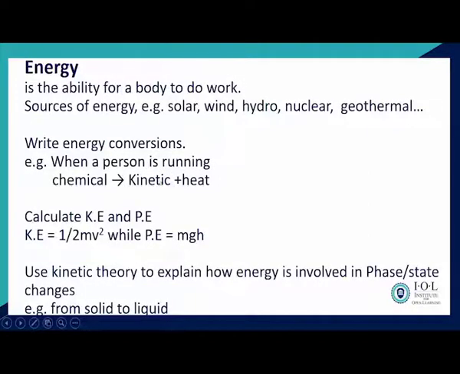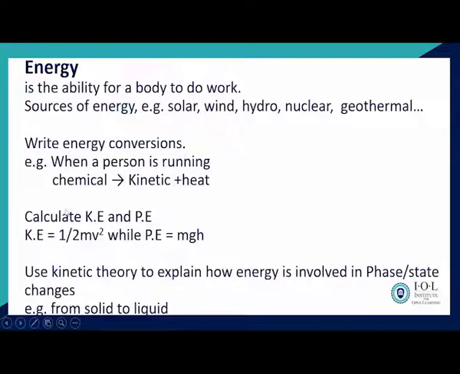As the person moves, the movement of the person comes together with this heat. Kinetic and heat energy are produced together. So we can't put the arrow between kinetic and heat. If you put the arrow here, you mean kinetic energy is also converted to heat energy, which is wrong. Kinetic and heat come together. Therefore, we show that by putting a plus.